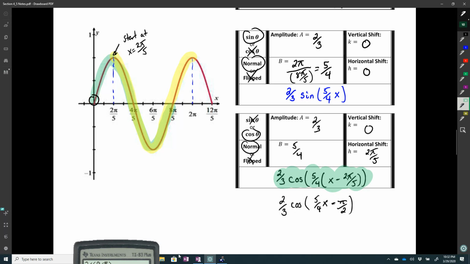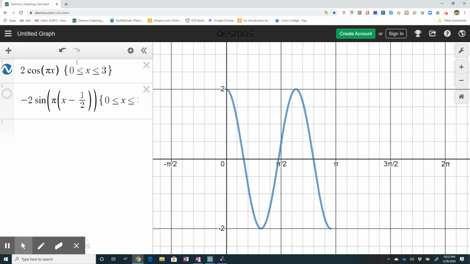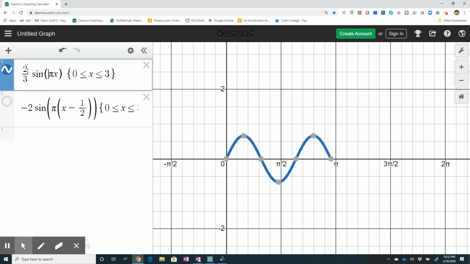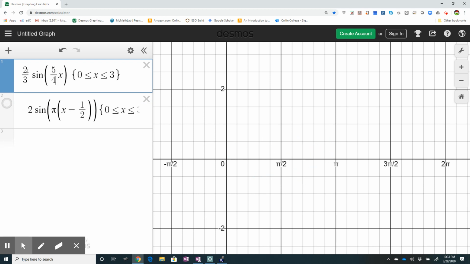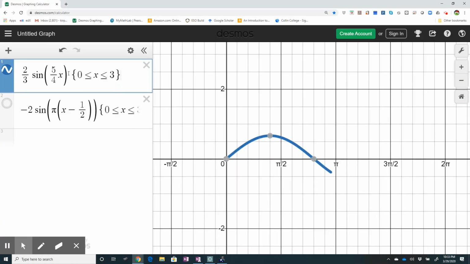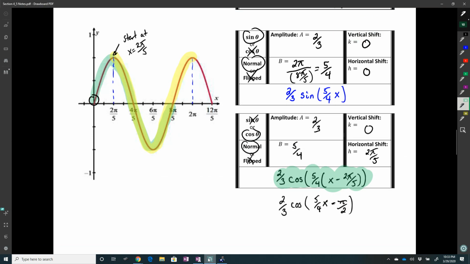So typing this into decimals, just to check, we have 2/3 sine of 5/4 x. Is it 5/4 or 4/5? 5/4 x. And this is going to go from 0 to 12 pi over 5.